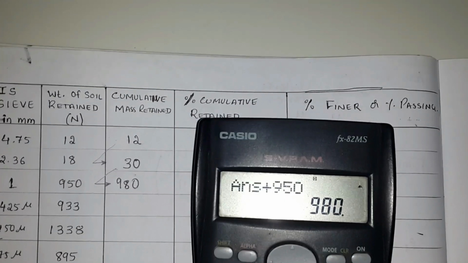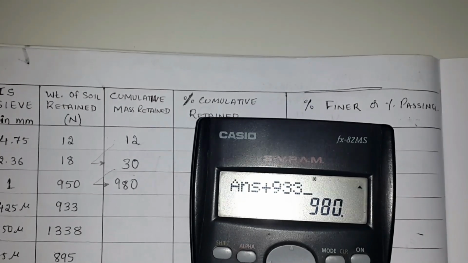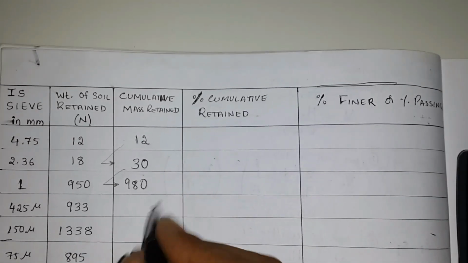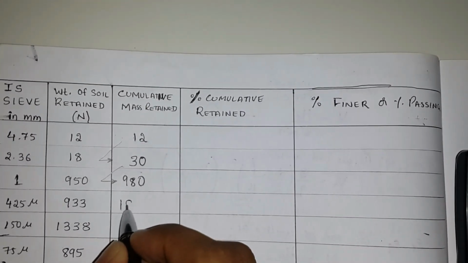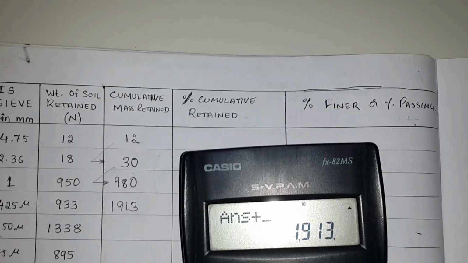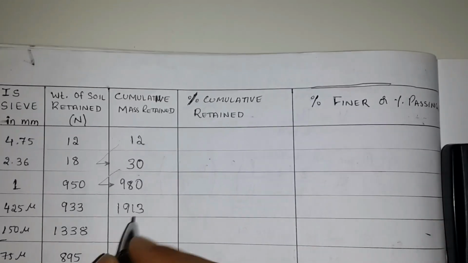Then again 980 plus 933 gives 1913. Likewise, the next value plus 1338 gives 3251.